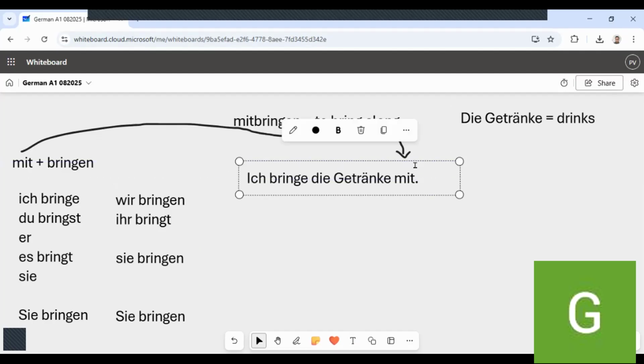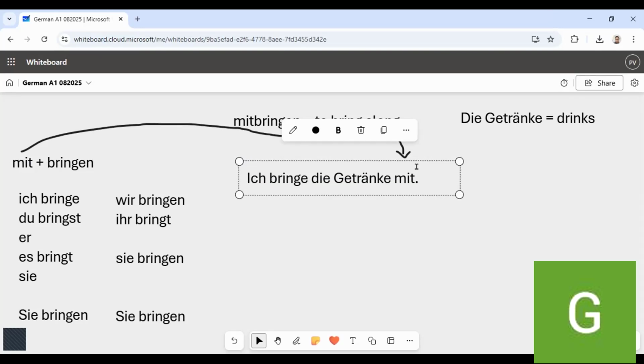So these verbs are very self-explanatory. Suppose you are using only the verb bringen, then the other person will not understand whether you are bringing some person along, or you are only bringing that person. But if you put mit with bringen, it is self-explanatory that you are bringing somebody along.